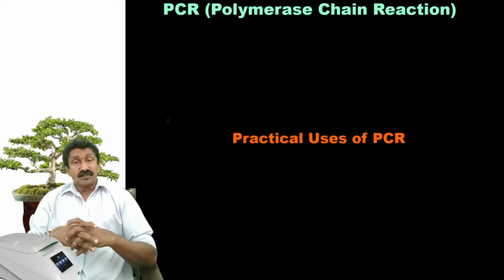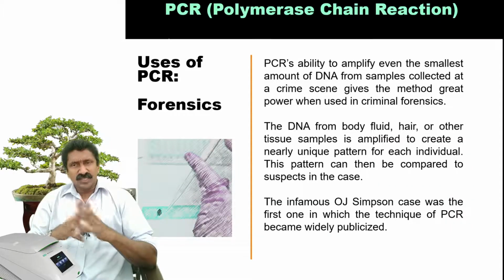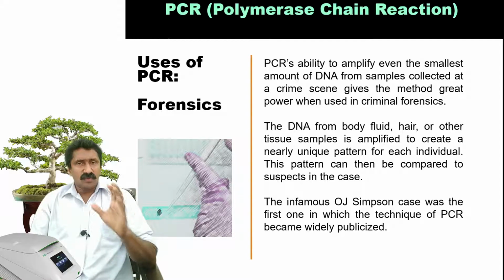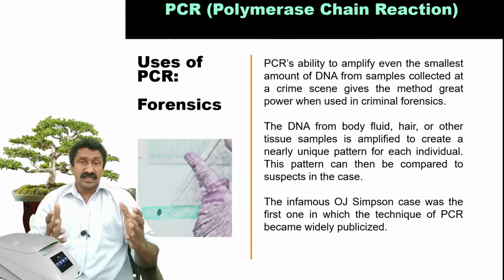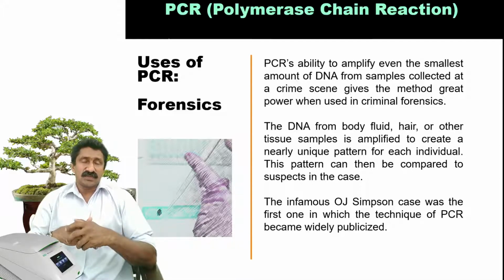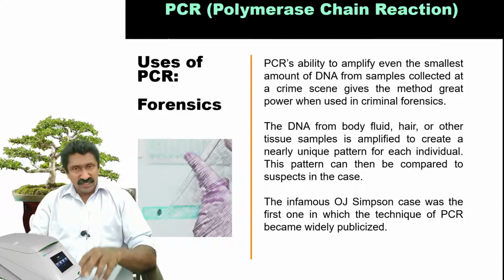So now we will come to some practical uses of PCR. The first one is forensics. PCR's ability to amplify even the smallest amount of DNA from samples collected at the crime scene gives the method great power when used in criminal forensics. Now it is widely used. The DNA from body fluids, hair, or other tissue samples is amplified to create a nearly unique pattern of each individual, and this pattern can then be compared with the suspects in the case.